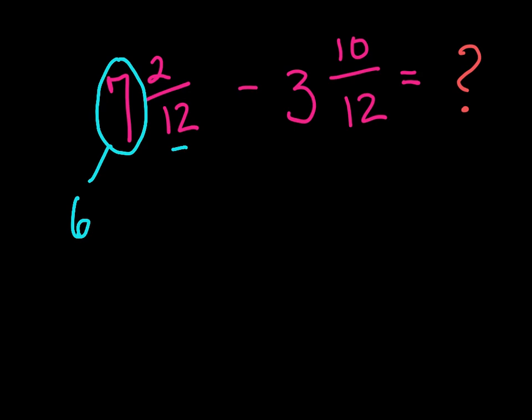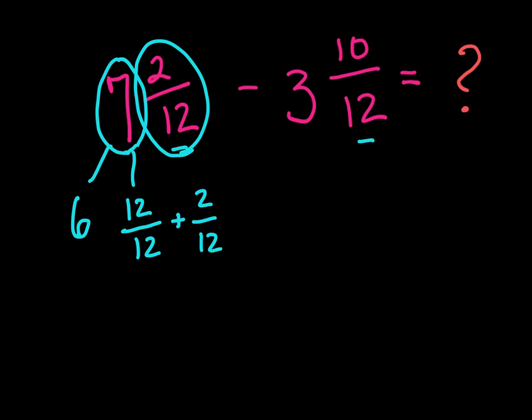And since our denominator is 12s, our whole is going to represent 12/12, because 12/12 is a whole. 6 and 12/12 is really 7. So we are going to make sure that we add on our 2 12s, and we're now left with 6 and 14/12, and we're going to subtract that with 3 and 10/12.